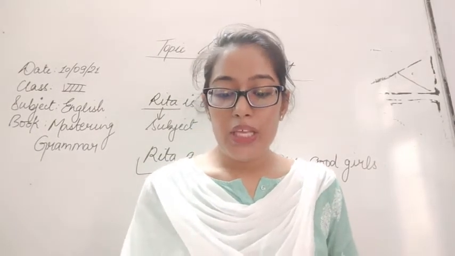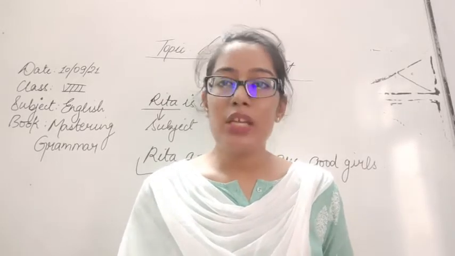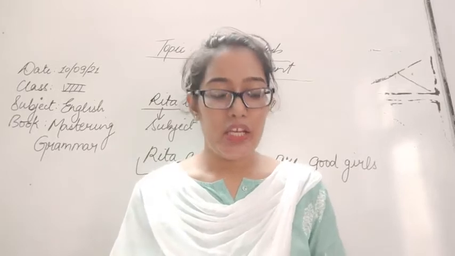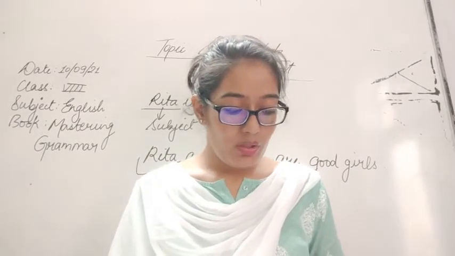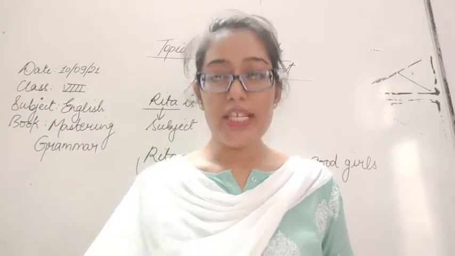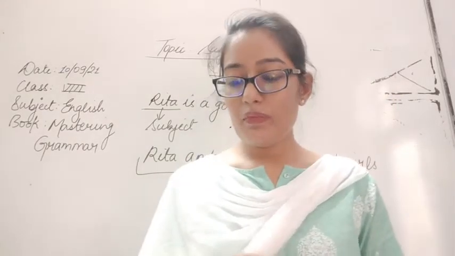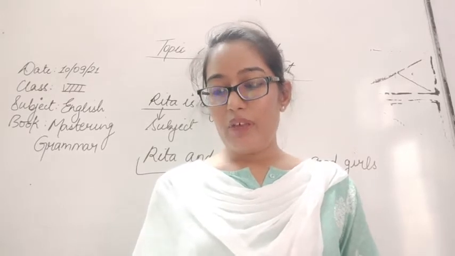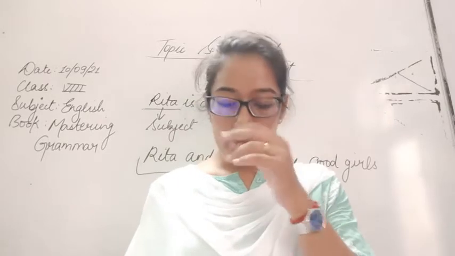The verb is has been used in the sentence. It is a singular verb. In sentence B, Rita and Meera are the subject of the sentence and are in plural form, plural in number. The verb are has been used, so it becomes the plural verb.